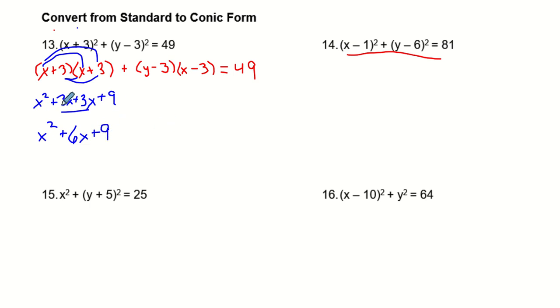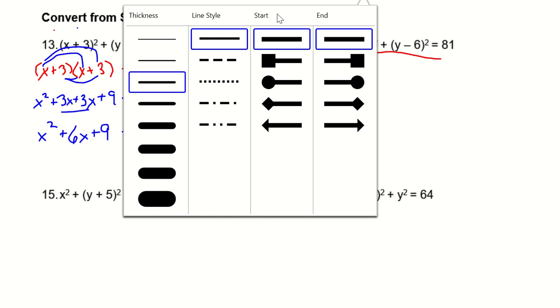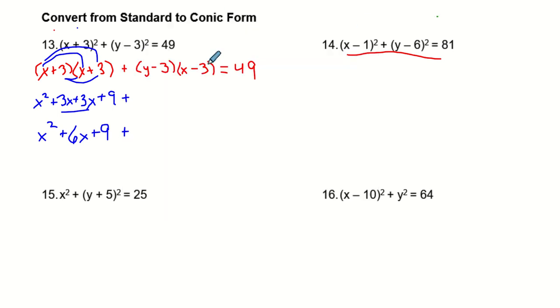All right, so that's doing the x part. So we're still going to have this little plus sign here. And now we're going to do the same thing with the y part, which is really the same process. So you're just going to do y times, that should have been a y, not an x. Okay, so y times y is y squared. y times negative 3 is negative 3y.